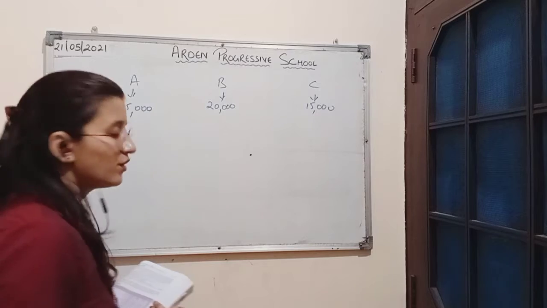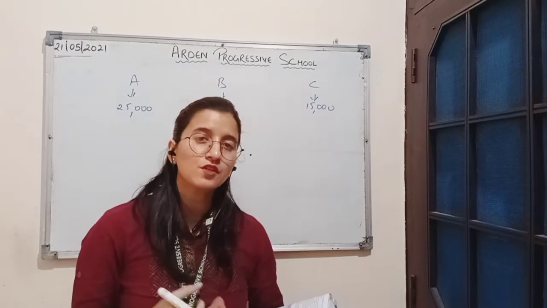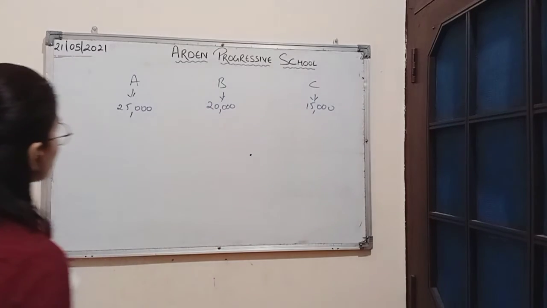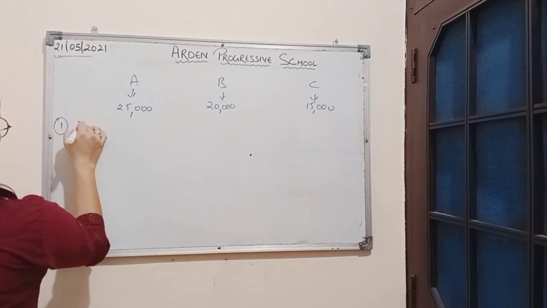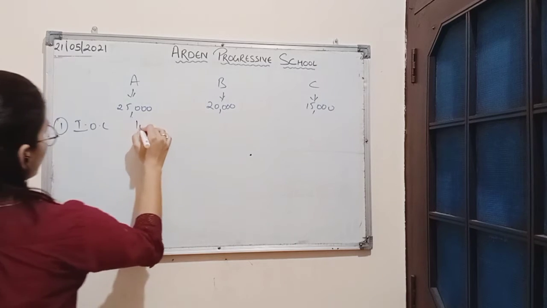Now the firm has made the error of omission of some transactions. What are those transactions? First is interest on capital at the rate of 10%.